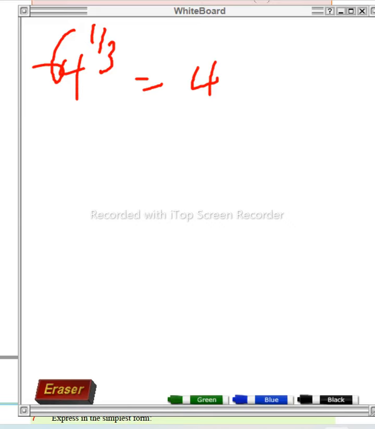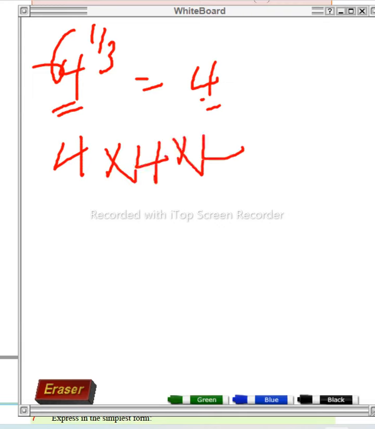This is correct because, as we know, 64 is 4 times 4 times 4.